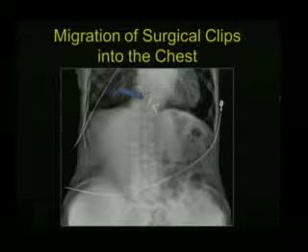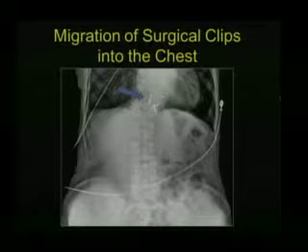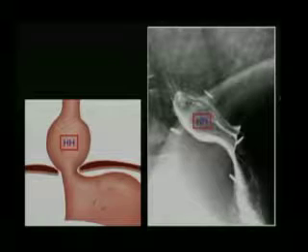In most of the cases, you can suspect that this is a failed fundoplication due to the migration of the clips into the chest. This is one of the complications, dehiscence of the surgical wrap and the migration of the wrap, the recurrence of the hiatal hernia, like this.